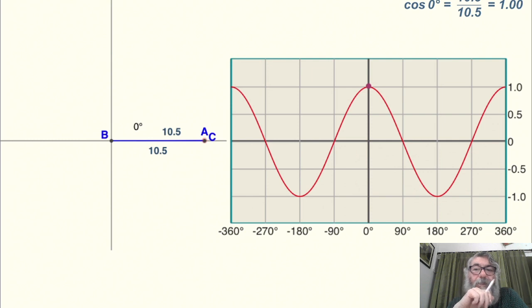Sine and tan are 0 on the x-axis, at point 0. Sine 0 is 0. Now here if you notice, the dot is on top at 1.